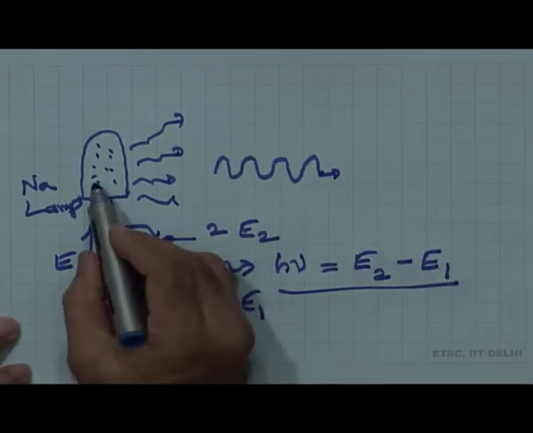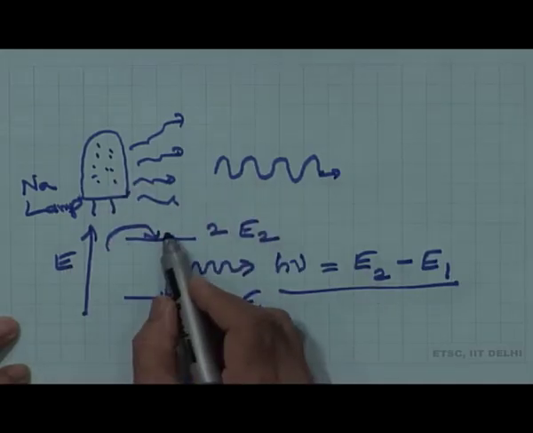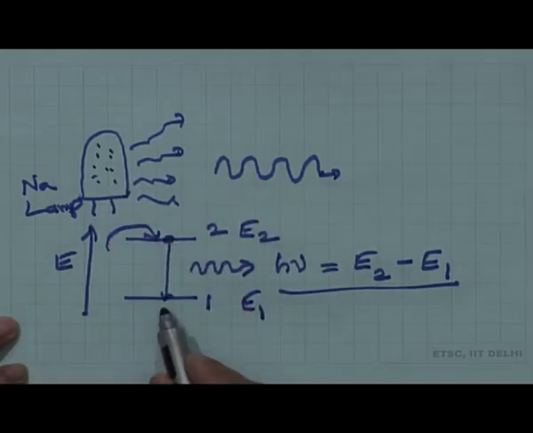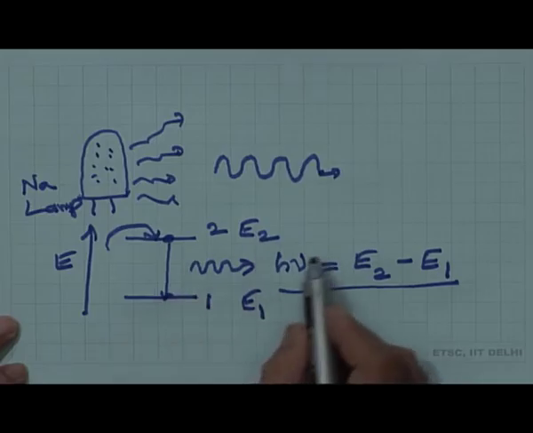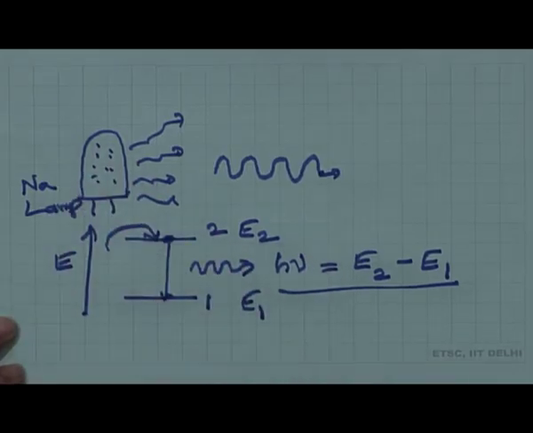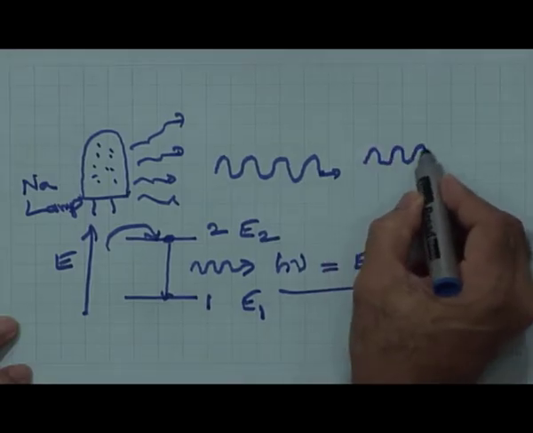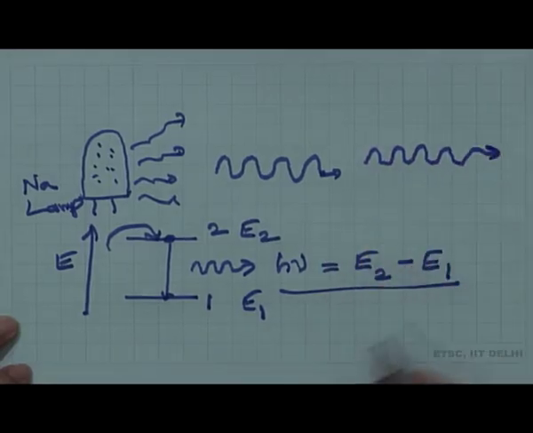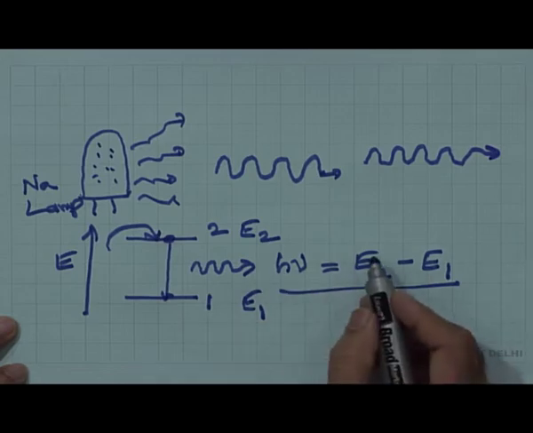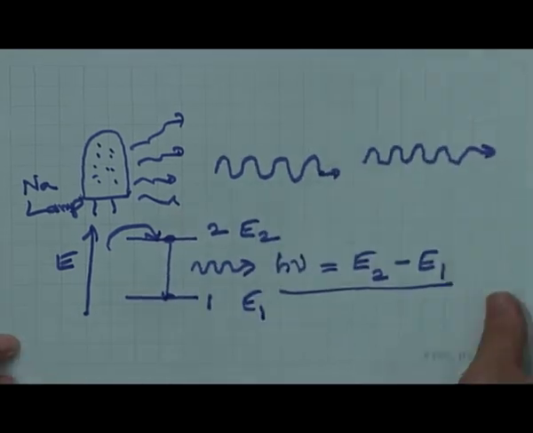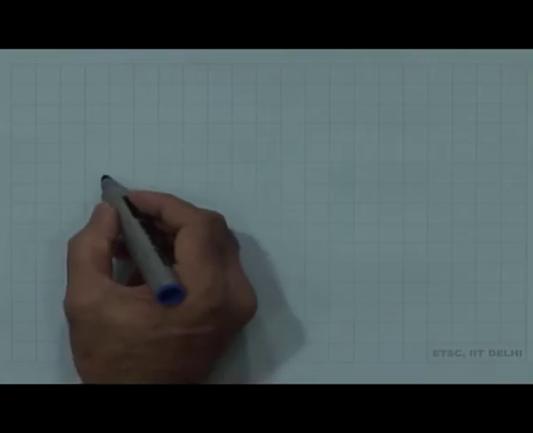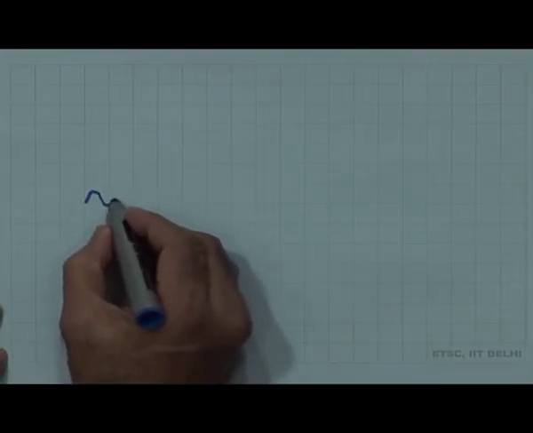So, we have continuous excitation and de-excitation taking place, with photons coming out of the sodium lamp, and these are therefore wave trains travelling for a finite duration. If I take several wave trains, let me plot several wave trains.